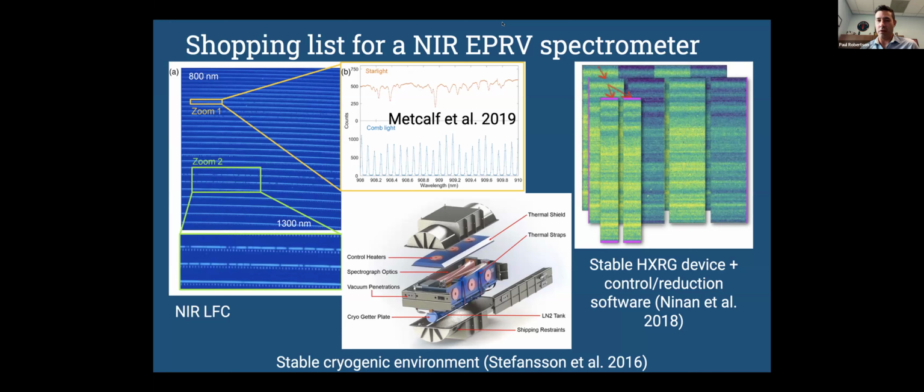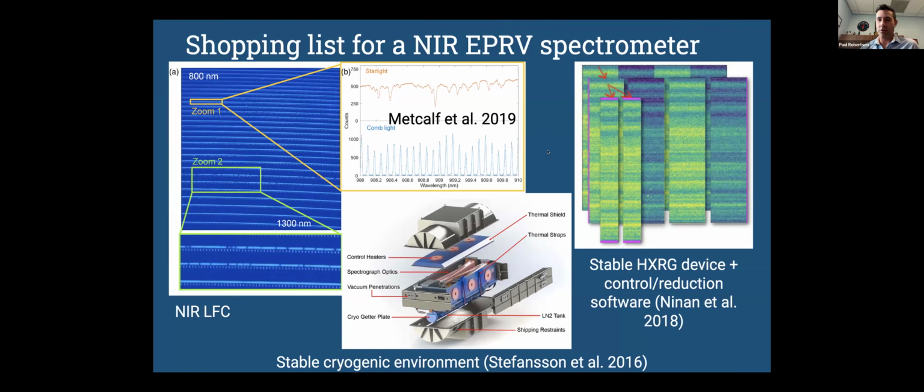And so you need a really thorough data reduction setup, and you also need good hardware and software to actually control these devices in the field. So we have that with HPF. Joe Ninan has published some really valuable stuff on that.